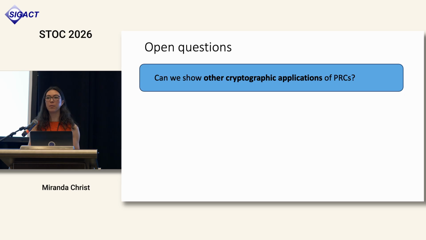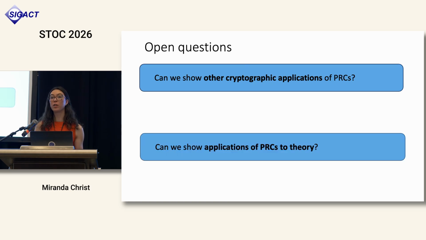Maybe Daniel's paper on error correction against computationally bounded channels is the only example I know of a cryptographic application beyond watermarks. And so it would be very interesting to see more applications. And I have specific questions under this that I'm happy to talk about more.